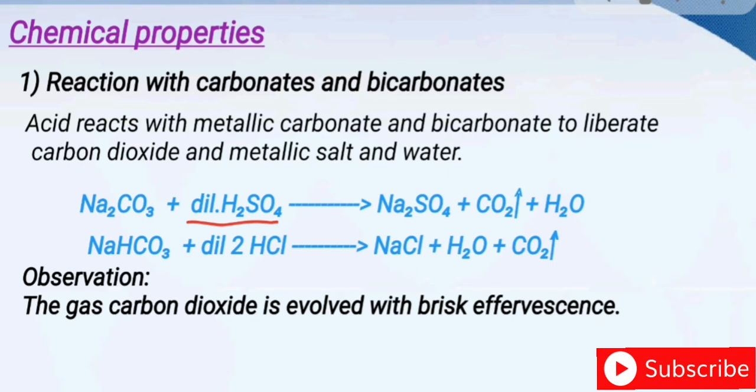It is one type of displacement reaction. Sodium bicarbonate, when it reacts with dilute hydrochloric acid, produces sodium chloride plus water plus carbon dioxide. Carbon dioxide is evolved with brisk effervescence. This is the identification of this chemical equation.